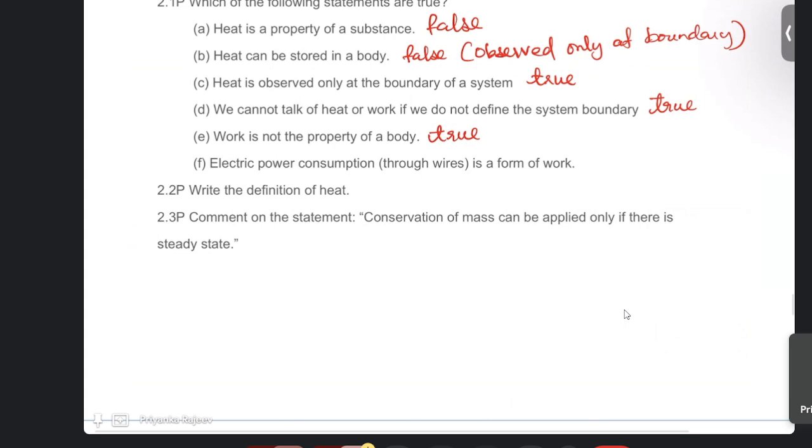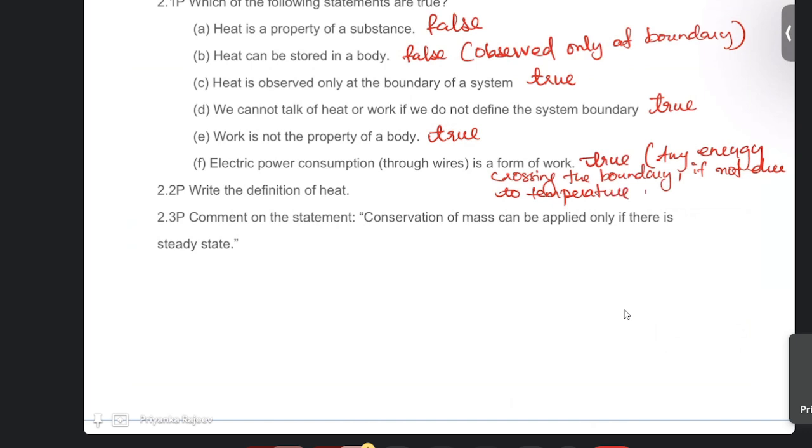It is the energy interaction that is taking place across the boundary because of the change in state of a system. Then, electric power consumption is a form of work. True. Why? Because any energy crossing the boundary, if not due to temperature difference, is work.